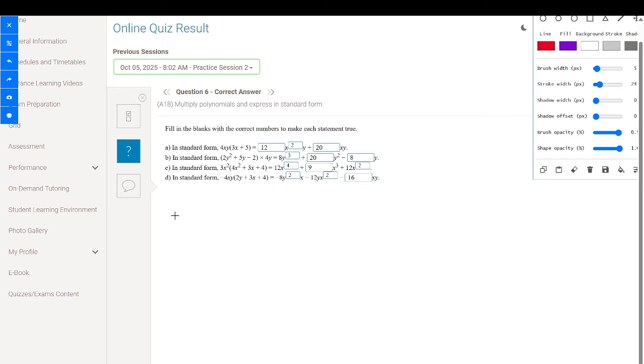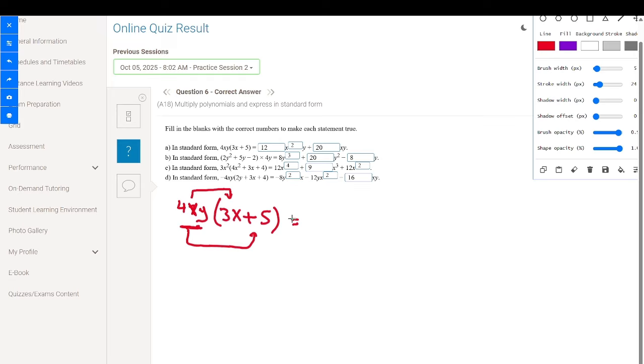The standard form. 4xy, okay, 4xy. This is one term. We will multiply it with 3x plus 5. So we'll do the same: 4xy we multiply with 3x, and 4xy we multiply with 5. So here it will be 4xy multiply 3x.